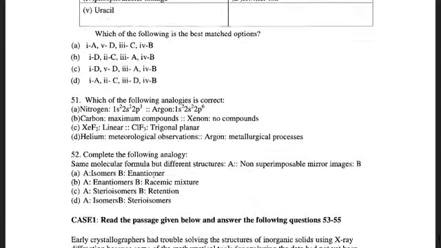Case 1. Read the passage given below and answer the following questions 53 to 55. Early crystallographers had trouble solving the structures of inorganic solids using X-ray diffraction because some of the mathematical tools for analyzing the data had not yet been developed.